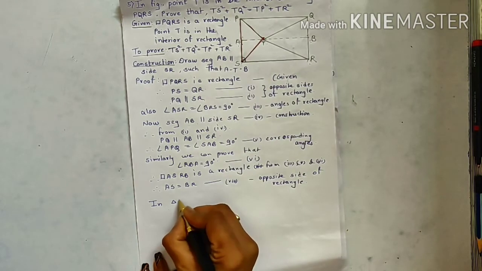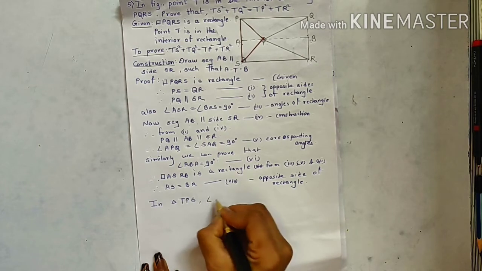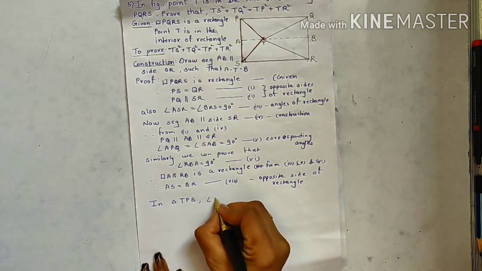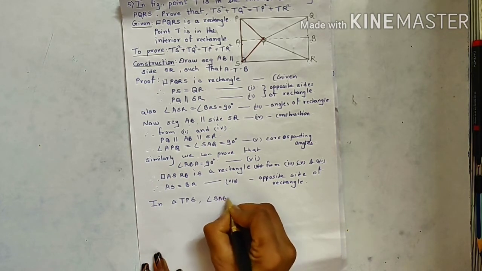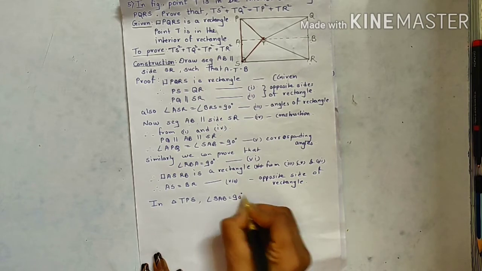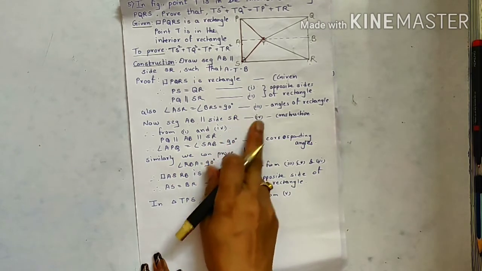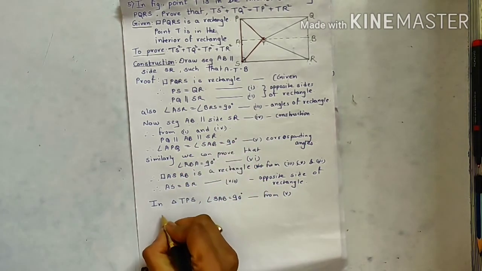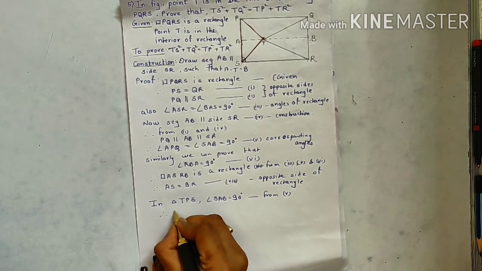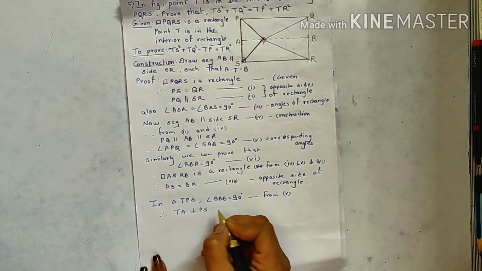First we will write, consider triangle TPS, angle S. In that angle SAB is equal to 90 degrees. Why? From 5. See, 90 degrees. Therefore, TA perpendicular to PS.